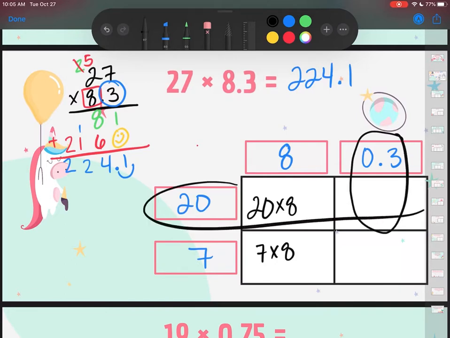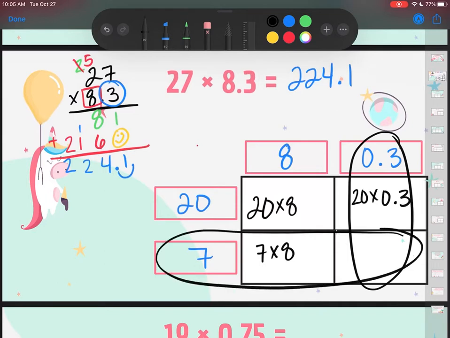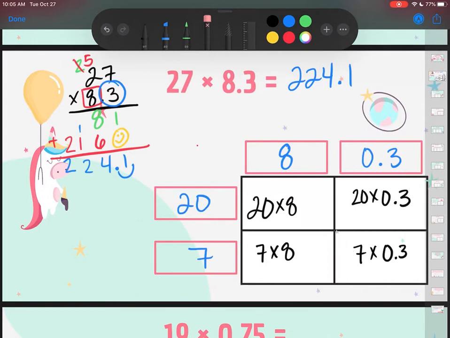In my next box, I've got 3/10 and 20. So that's going to be 20 times 3/10. And then in my final box, I've got my 3/10 times 7. So I've got 7 times 3/10. So those are all the problems I'm going to do.